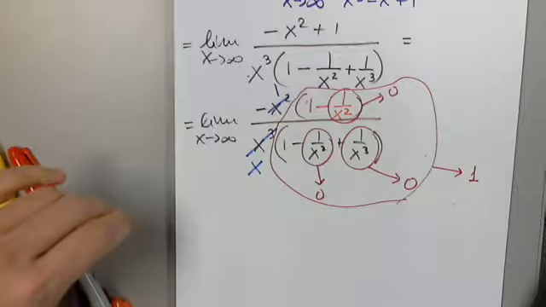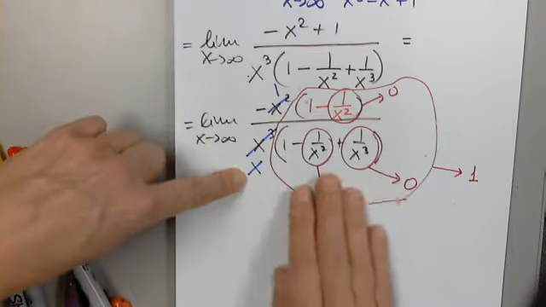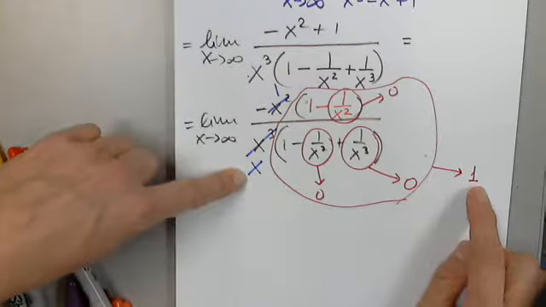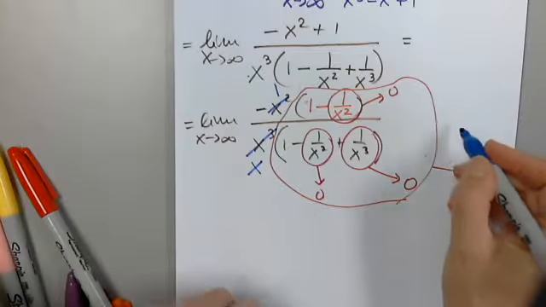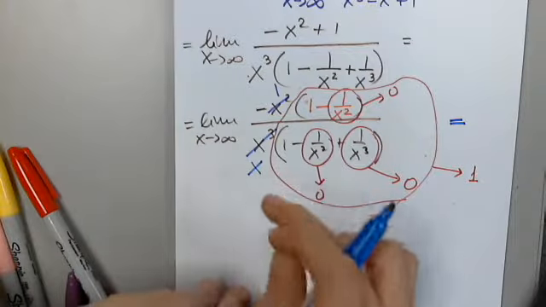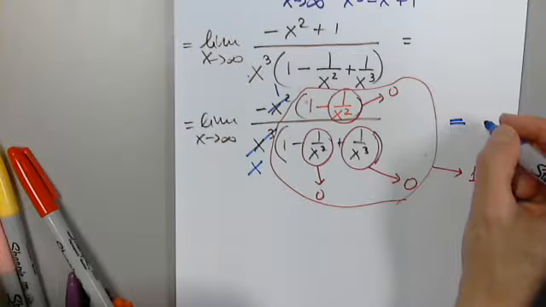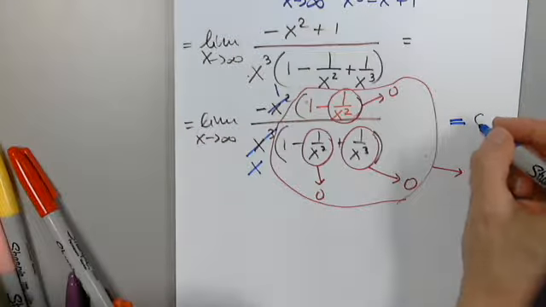Let's see what is left. I have a negative 1. I have an x in the denominator, and this whole thing approaches 1. Can anyone give us the answer now? No more limit operator. Exactly. When x approaches infinity, the answer is 0.